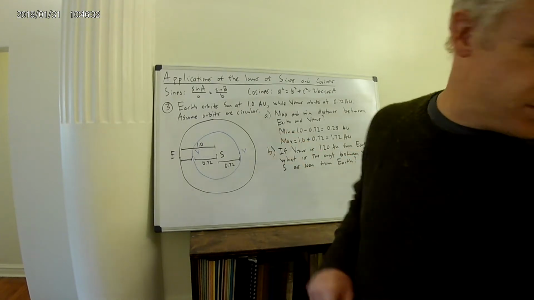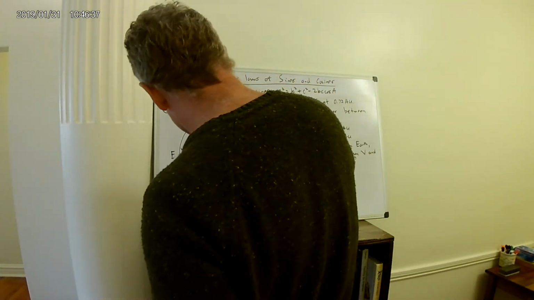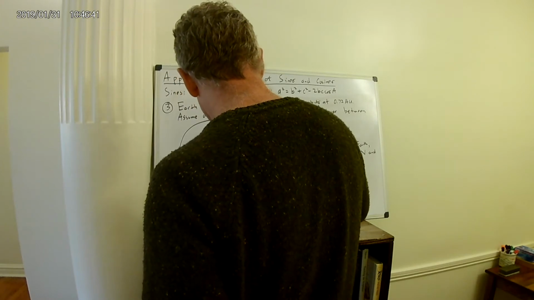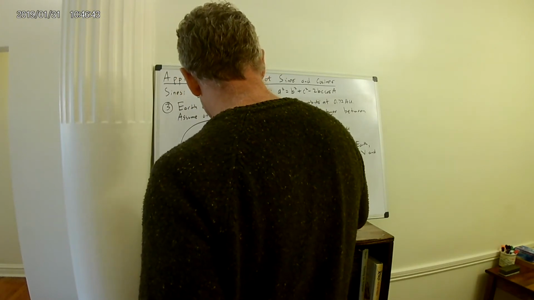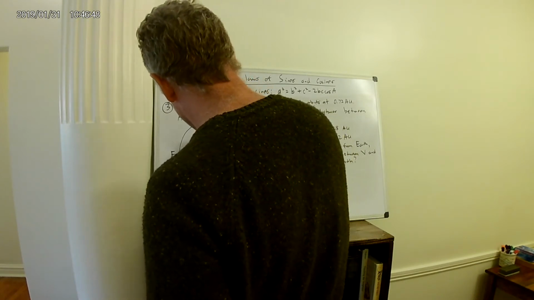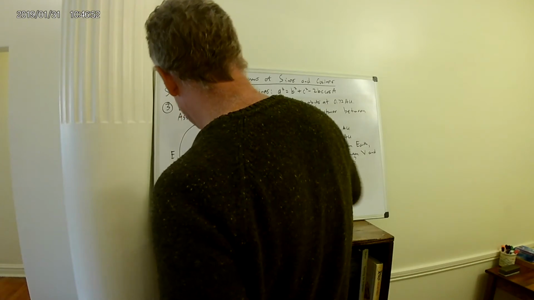I want to erase some of these numbers here, some of these lines, and we're going to redraw this situation here. Apply this diagram to this part of the problem. Okay.